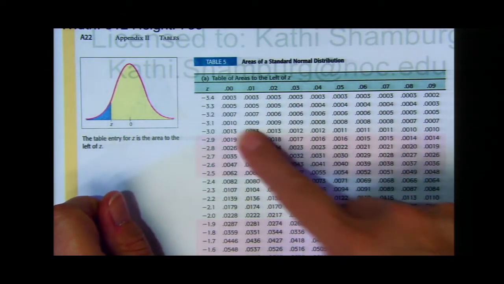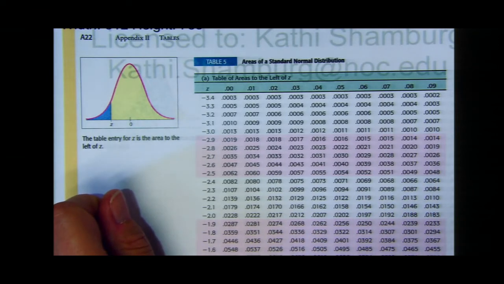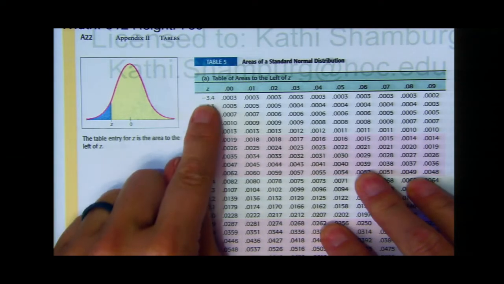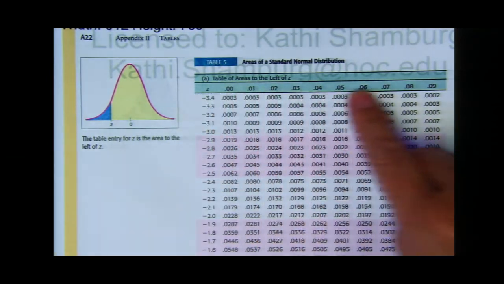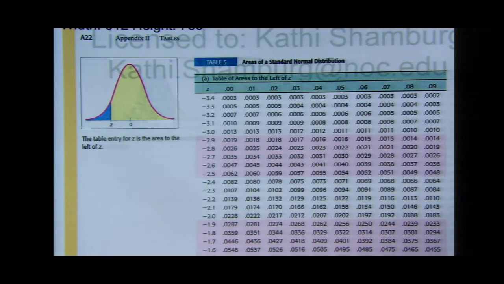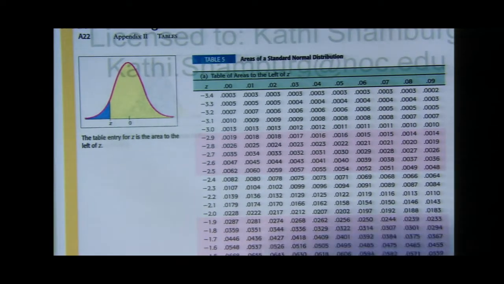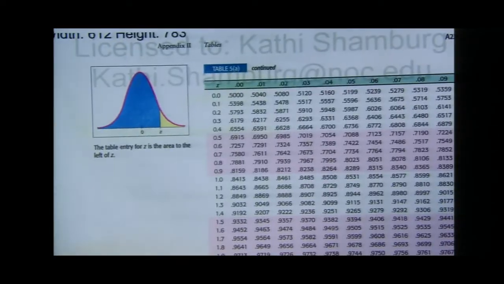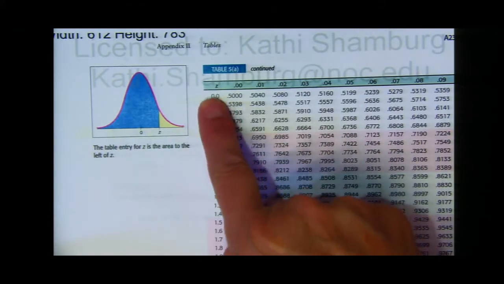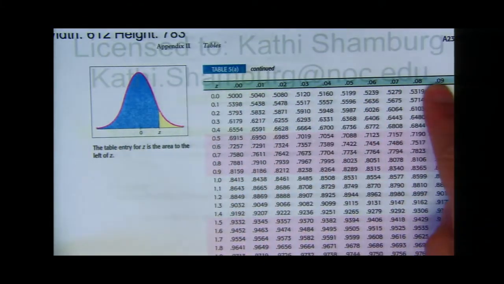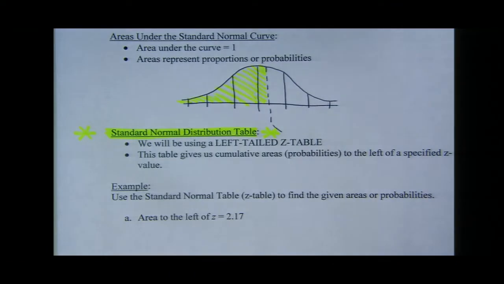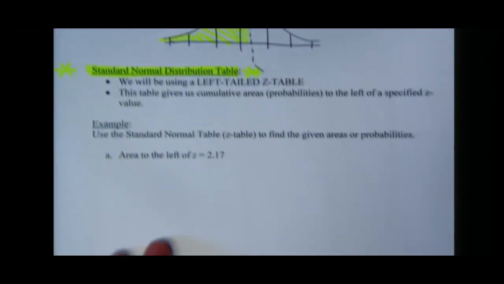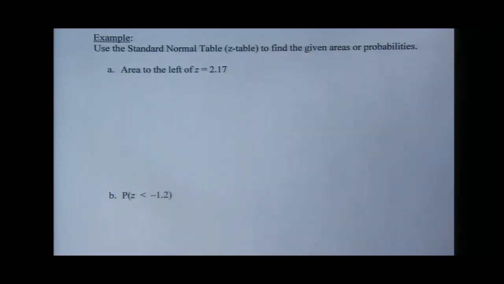Because these are your probabilities, and your z-values are here, and to this z-value, these probabilities are the area that lies to the left. So you'll notice we have what's called a negative z-value, and then the other one is left-tailed as well. Here are our positive z-values. So we're first going to learn how to use the table.